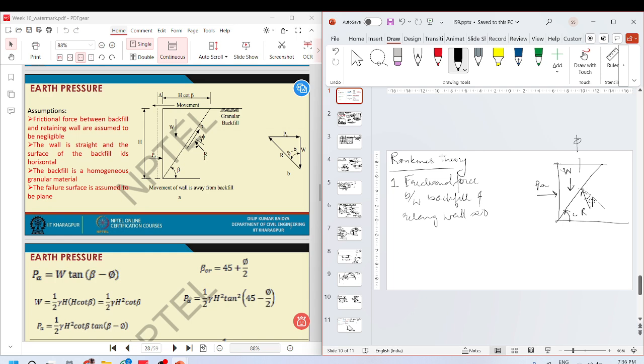Why? This is the property of your friction angle itself.